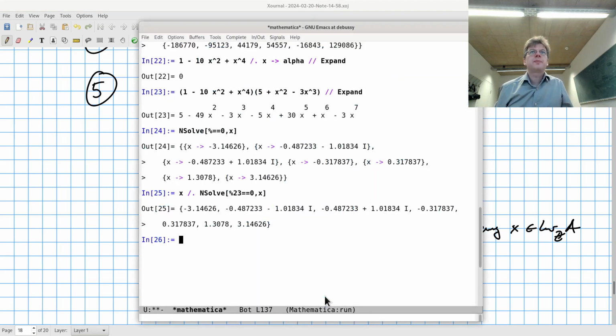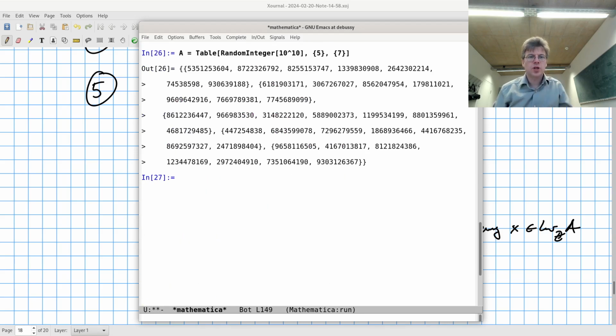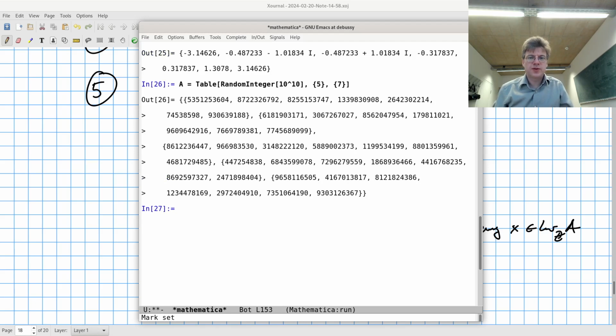So let's try. Let's take a matrix A, a table of random integers up to 10 to the 10 maybe. Let's take 5 rows and 7 columns. Is this big? No. Okay. Now let's see what I said here. What do I need to do?